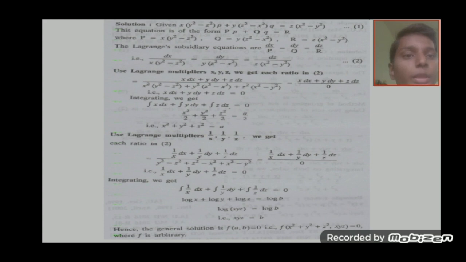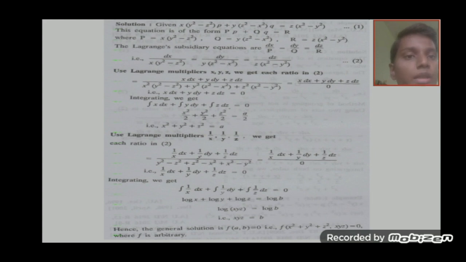Use Lagrange's multipliers 1/x, 1/y, 1/z. We get each ratio in equation 2. Substitute 1/x, 1/y, 1/z in equation 2.